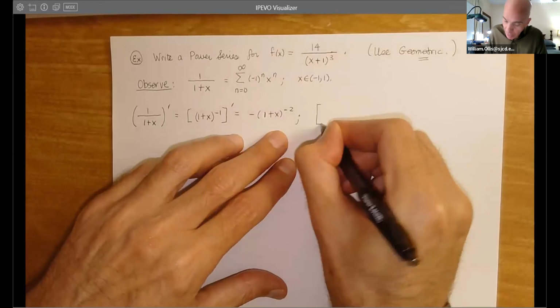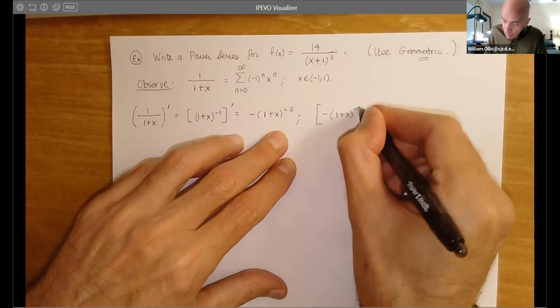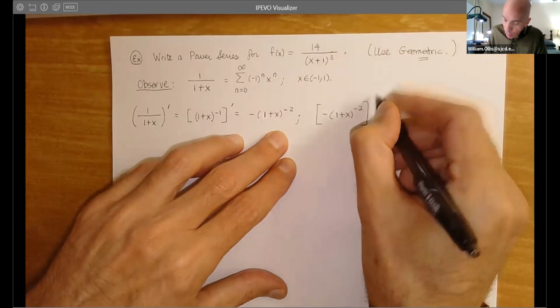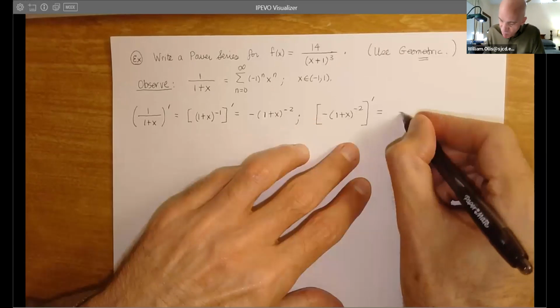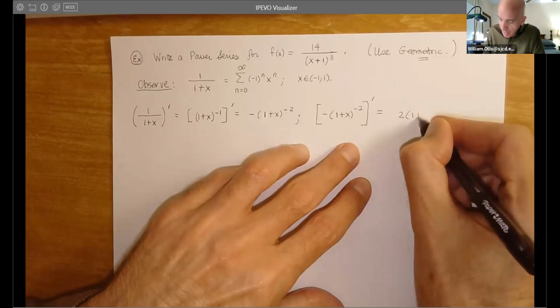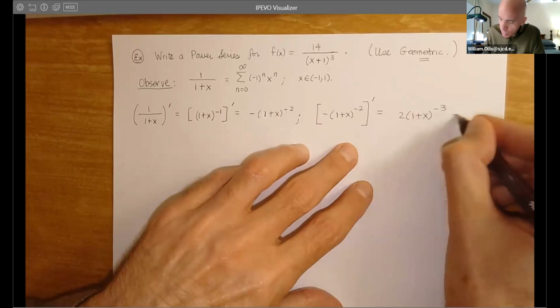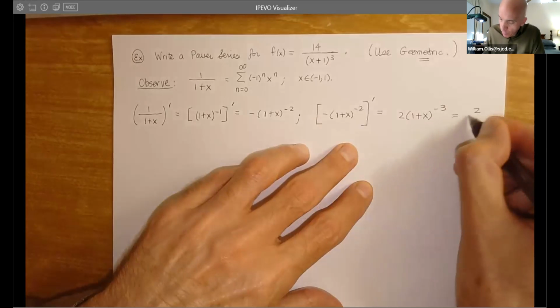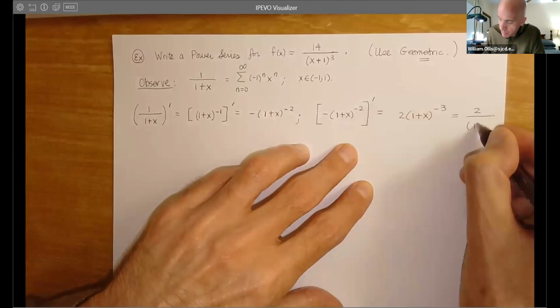So we're going to do -(1 plus x)^-2 and another prime. So now we get the +2, (1 plus x)^-3. So this gives us 2 over (1 plus x) cubed.